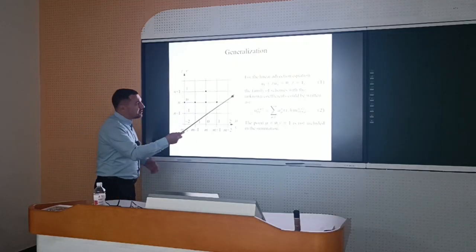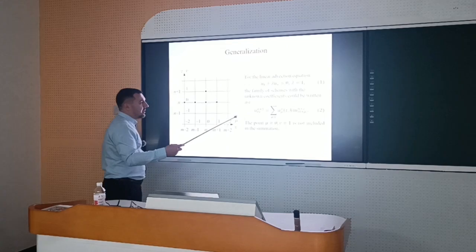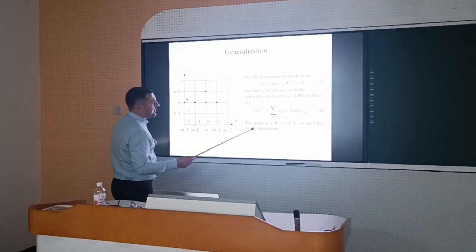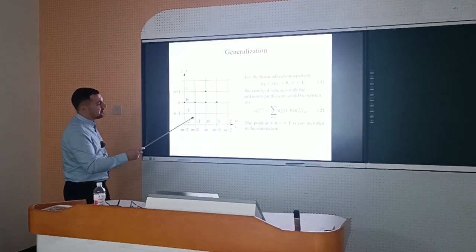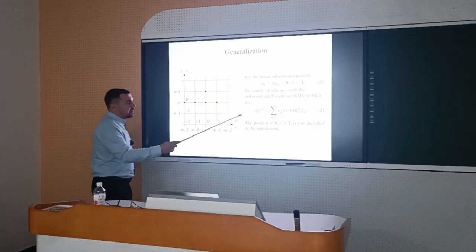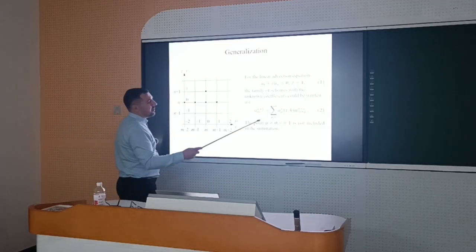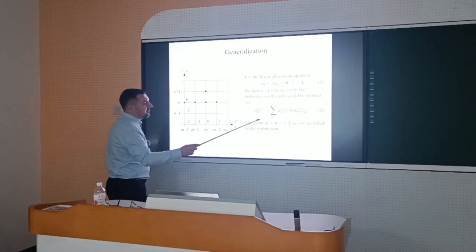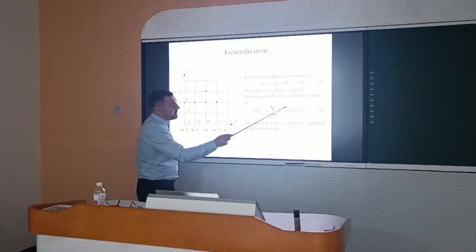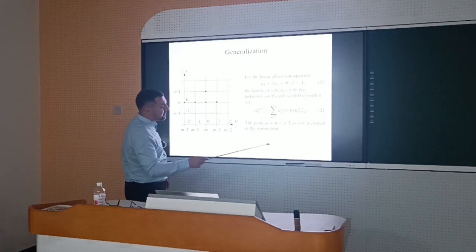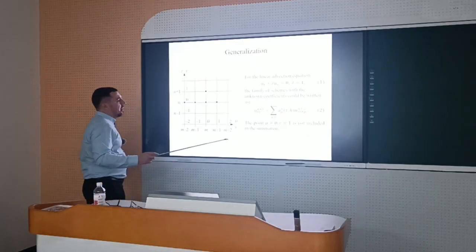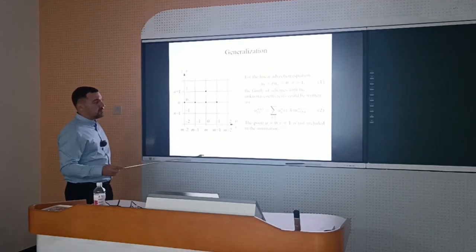For the linear advection equation, consider the family of schemes that can be written on this stencil using coefficients alpha mu nu, which can be functions of tau, h or sigma, because sigma is lambda tau over h, and we do not know them.